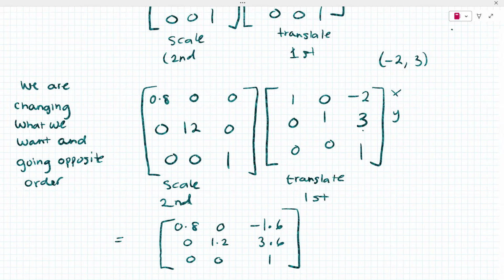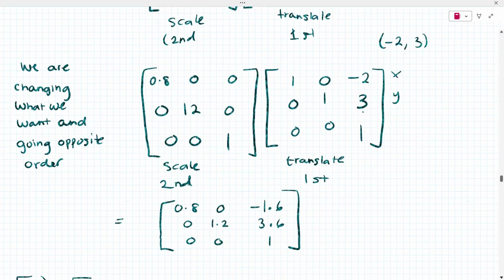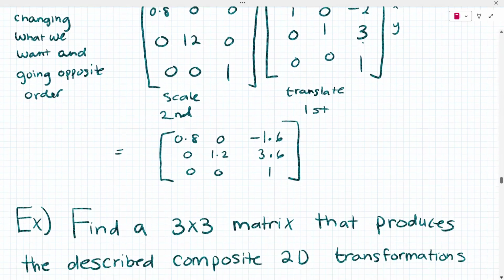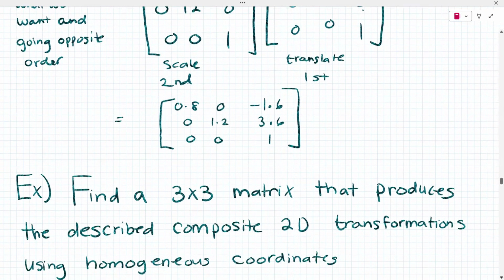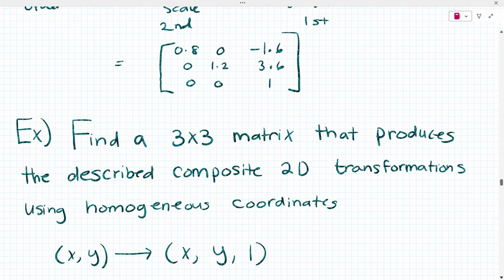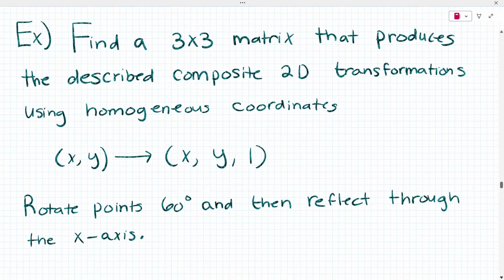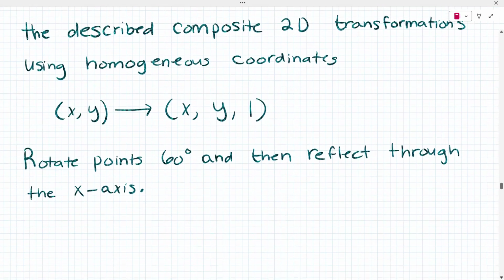Let's do another example. This one says find a 3 by 3 matrix that produces the described composite 2D transformation using homogeneous coordinates. So x, y, and we're going to 3D, x, y, 1. We have to rotate the point 60 degrees and then reflect it through the x-axis.